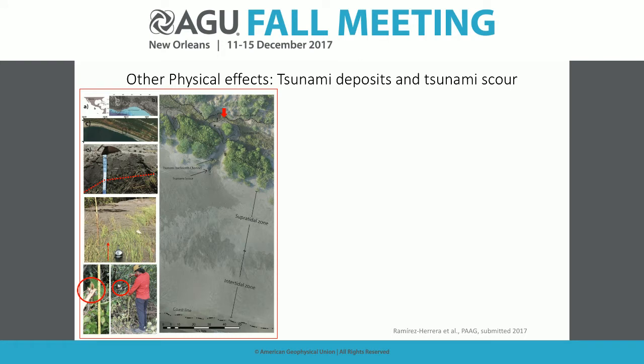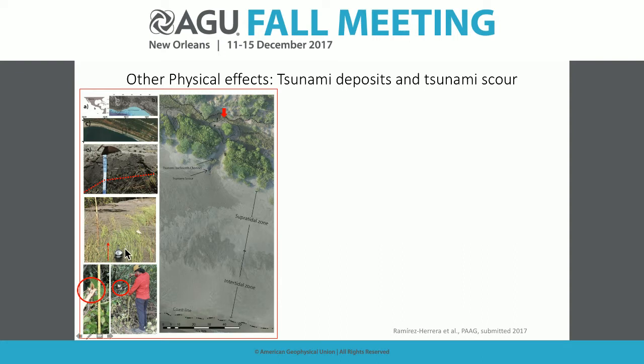Here I'm going to show you what we used to trace the tsunami in the field. Because it was a huge tsunami, and I also want to point out that the Chiapas coast is not highly populated, we don't have many buildings to measure the tsunami runup. So we used natural evidence, like here you can see grass that was buried by a tsunami deposit, mainly made of sand.